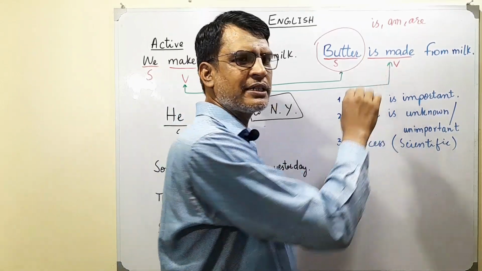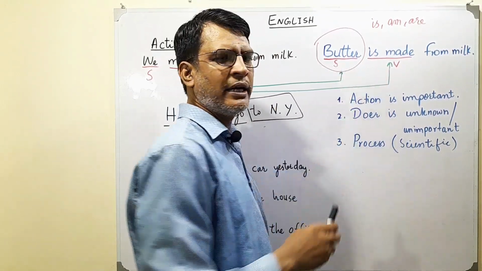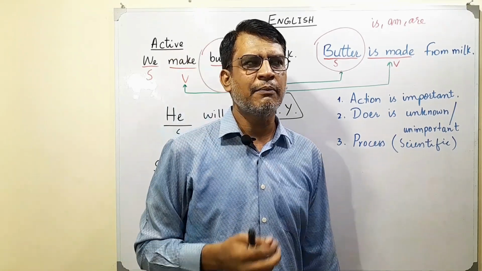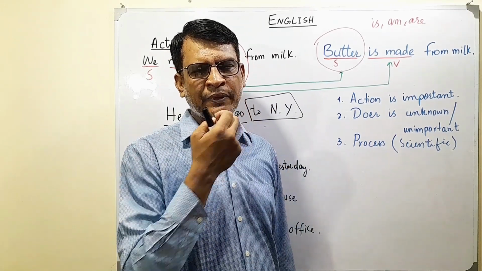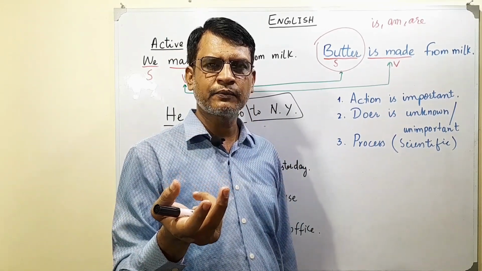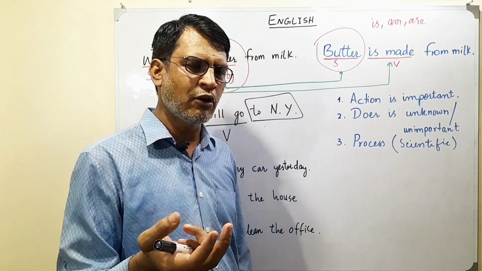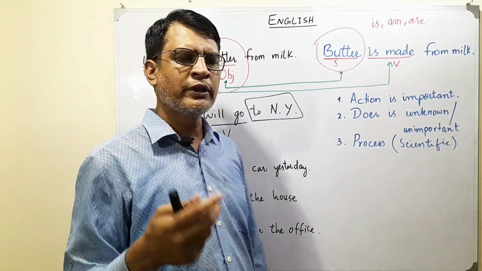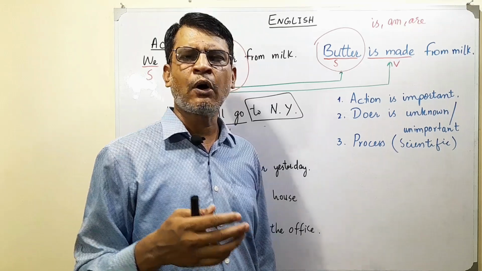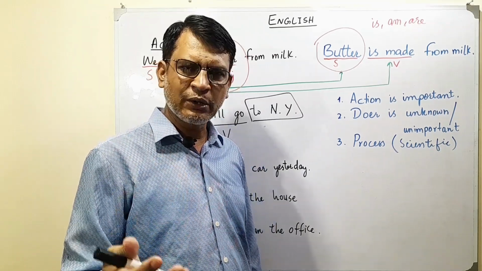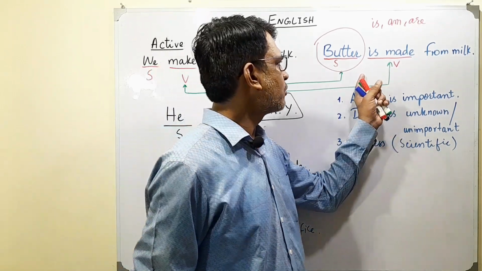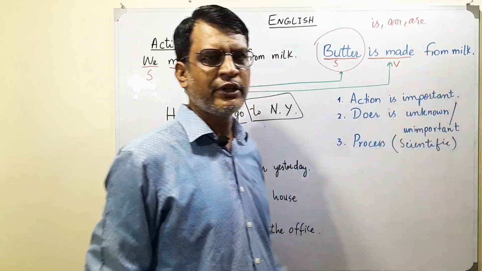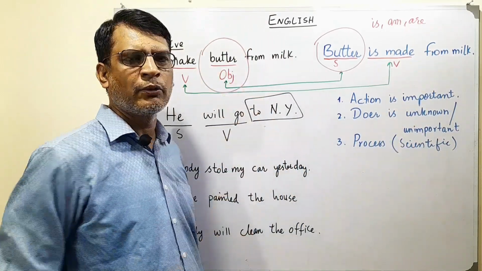Why am I using is here? Because butter is the subject and butter is basically an uncountable word. It's a noun, but it is an uncountable noun. So with all uncountable nouns or non-count nouns or singular nouns, we use is. So butter is made, and then we use from milk, which is the remaining part.